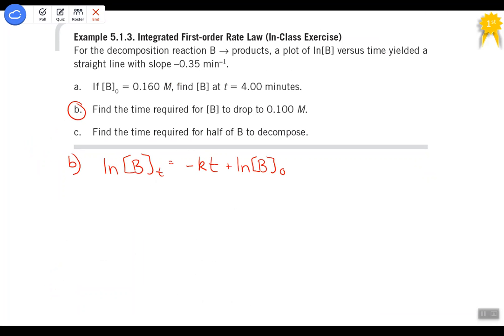So we want to find the time required for the concentration of B to drop to 0.1 moles per liter. So now we know what the concentration of B is at a particular time. We want to solve for time. We know the starting concentration, and we know that the slope is equal to negative K, and the slope here is negative 0.35. So it's a nice direct equation.